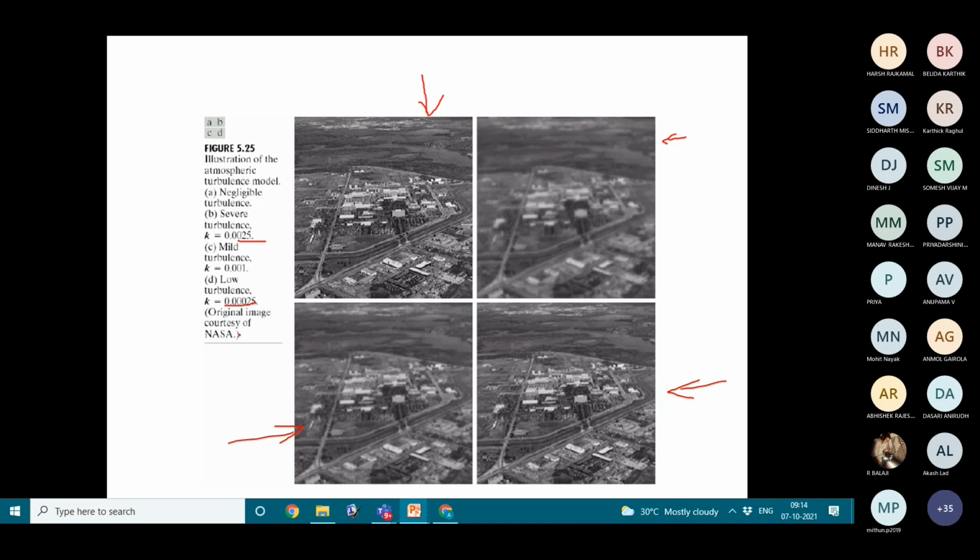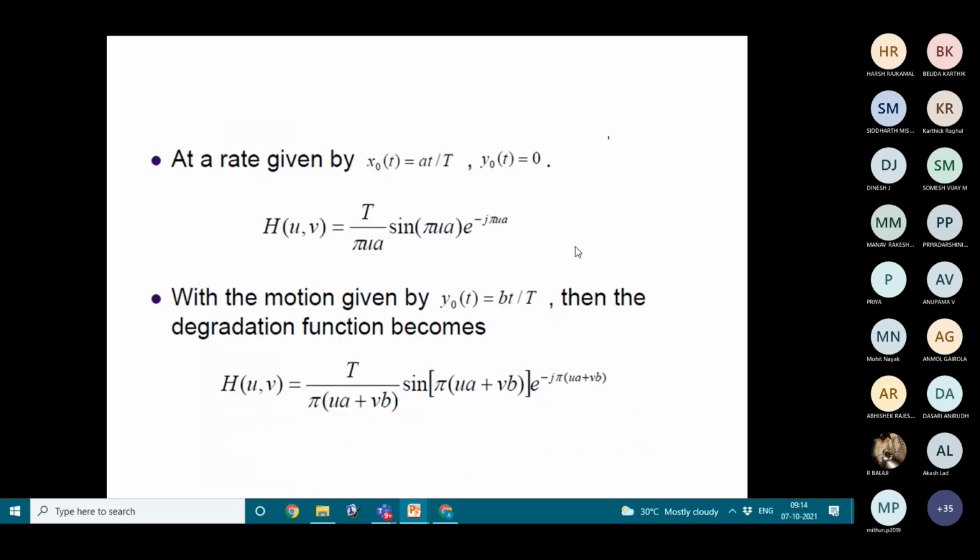Here you can see the variation. If you are neglecting it, the image is good, and if you are increasing it, the quality is reduced, and if it is low turbulence, it is good. If there is high turbulence, the images are not good.